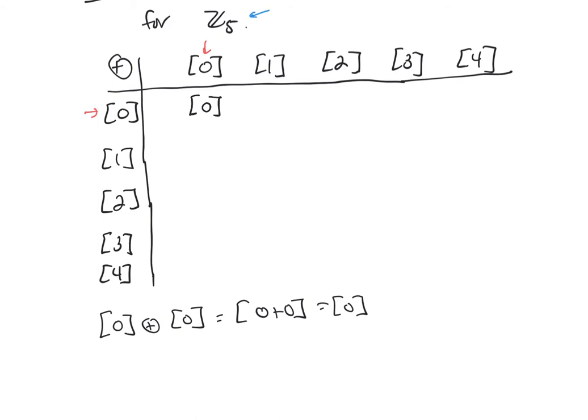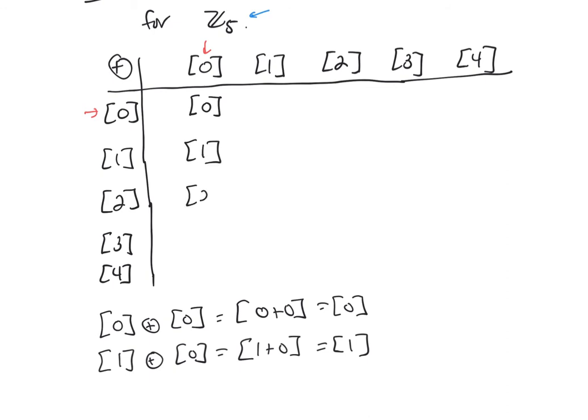Okay, so then you're going to add to get the next entry here, the equivalence class of 1 plus the equivalence class of 0 would be the equivalence class of 1. So you'll get the equivalence class 1, 2, 3, and 4.